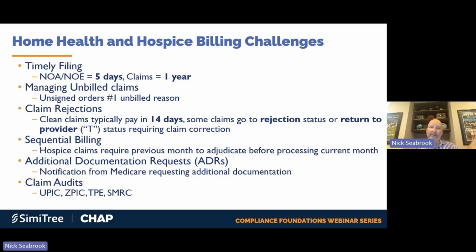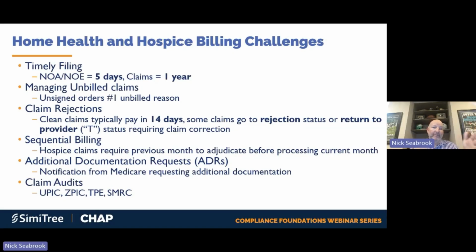But if you're not looking at every claim, again, my recommendation there would be, if you have a claim that's been out there for 3 weeks and you haven't seen it pop up on a rejection report or RTP report, I would make sure that you're following up on that to see what the holdup is. You don't want it to be sitting in that S status for too long. So claim rejections is, again, another challenge of making sure that your billers are staying on top of those.